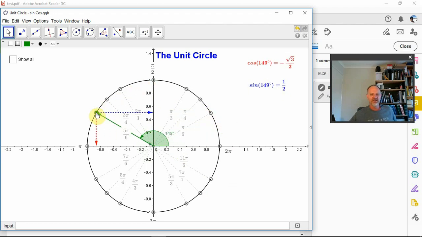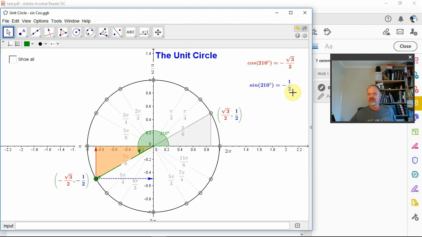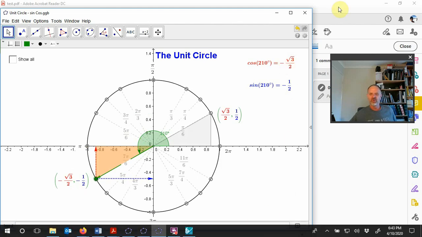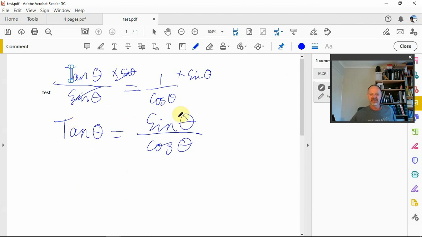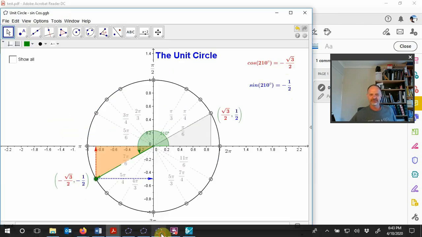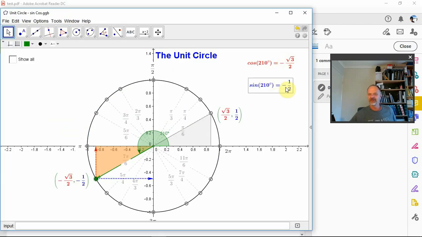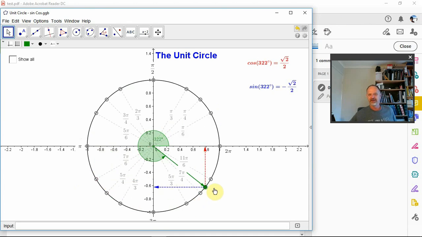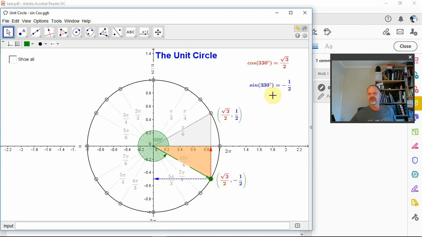Over in the second quadrant, cos is negative, sine is positive. In the third quadrant, they're both negative, and given what I said before, that tan is sine over cos, a negative over a negative is a positive, and then around here in this last one, the sine is negative.